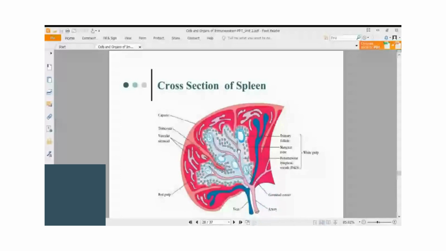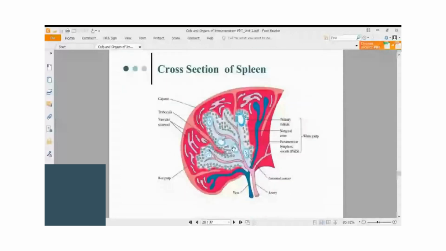Okay, and these lymphocytes which are there are waiting to be activated by the presence of antigen, and that antigen is going to be communicated or presented to them with the help of the antigen presenting cells. And those antigen presenting cells, I told you, are interdigitating dendritic cells which will be there in the central area here, as well as the macrophages.